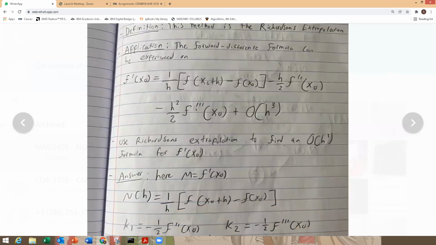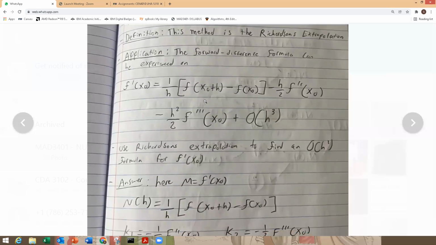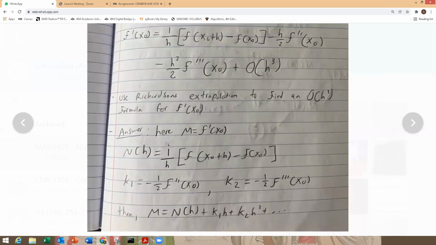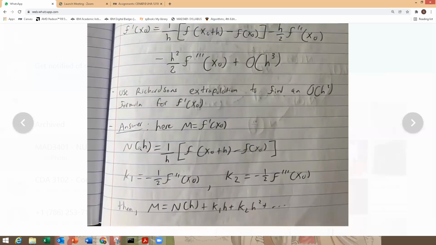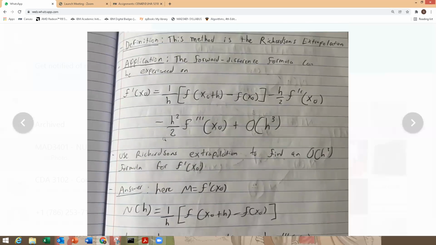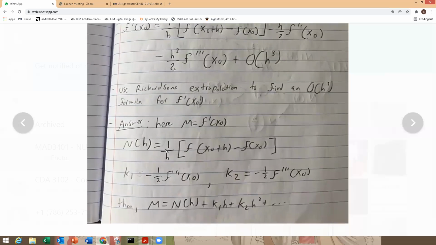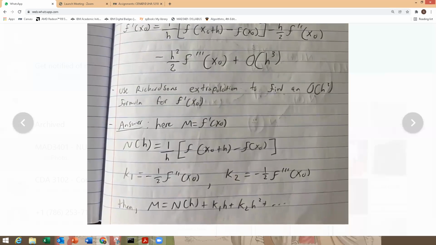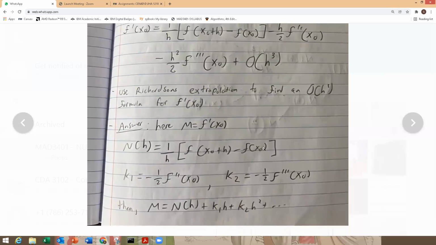So you know how it's K1 H, K2 H squared, K3 H cubed? It's the same method. So N, which is the first one, is usually N of H. So N of H is going to equal this first block, right? So N of H equals 1 over H times f of X naught plus H minus f of X naught.